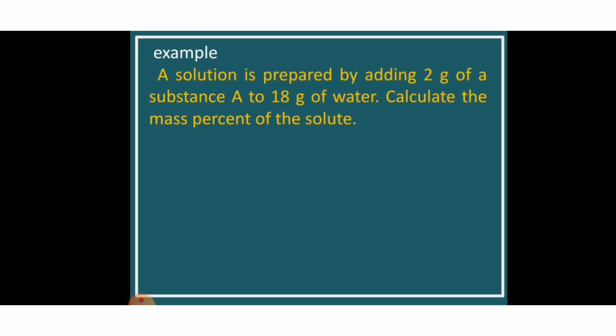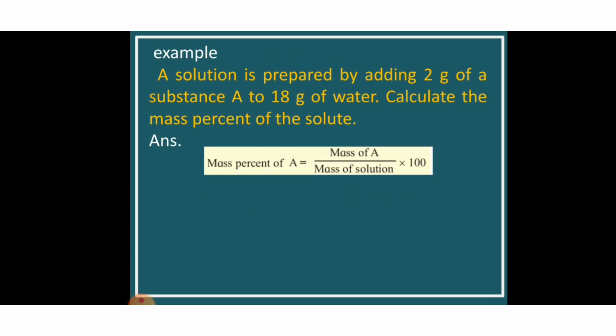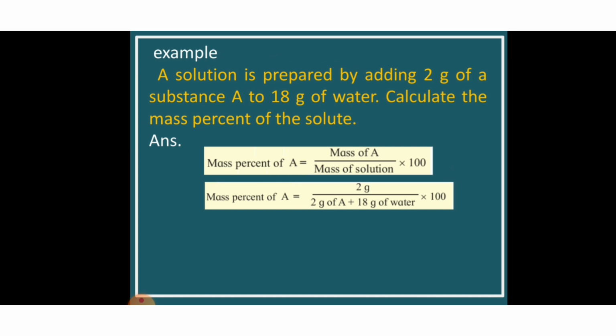Example: a solution is prepared by adding 2 gram of a substance A to 18 gram of water. Calculate the mass percent of solute. Answer: the formula is mass percent of A, meaning mass percent of solute, is equal to mass of A upon mass of solution, times 100.